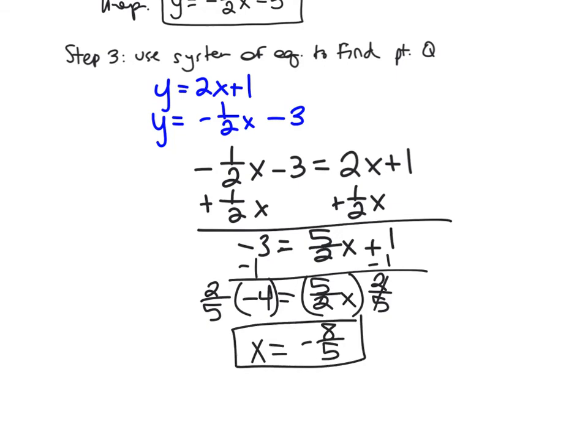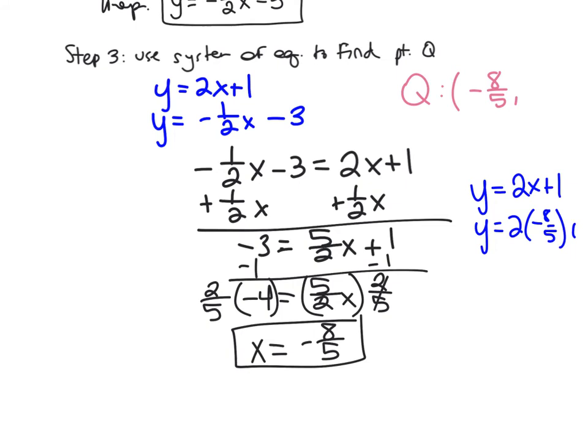Okay, remember, the system of equations is giving us the coordinates of point Q, so we know that x is negative 8/5, and then you just substitute x into one of the equations. So if we substitute x into y equals 2x plus 1, we will have y equals 2 times negative 8/5 plus 1, which is negative 16/5 plus 1, which gives us a total of negative 11/5.